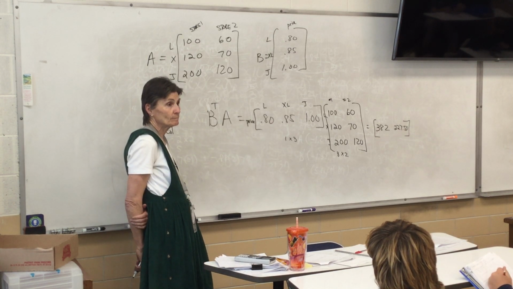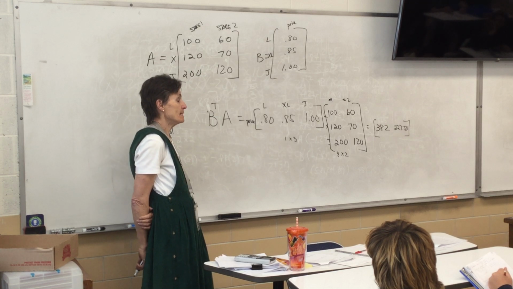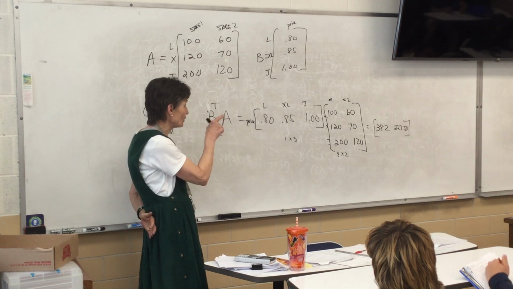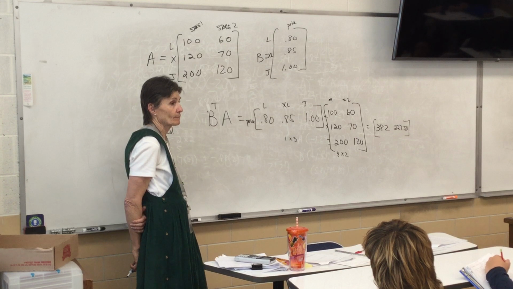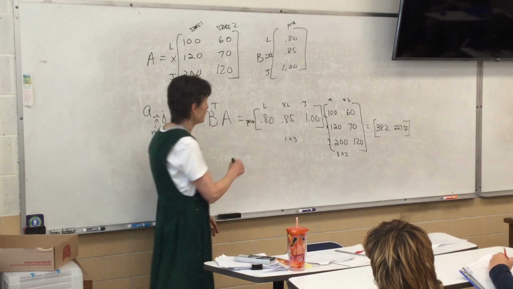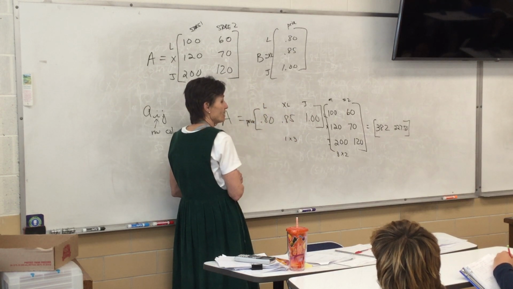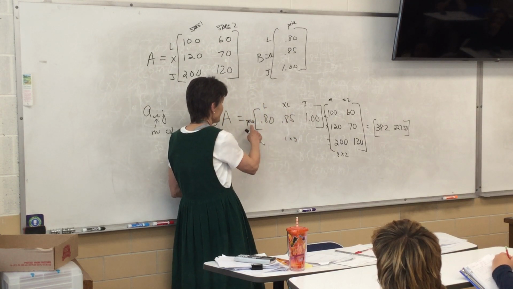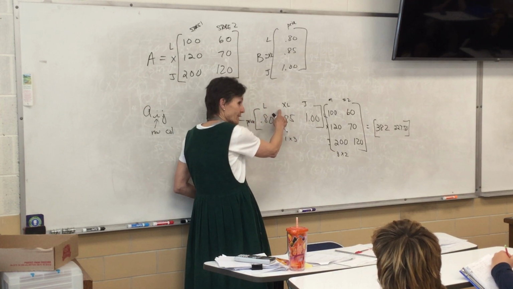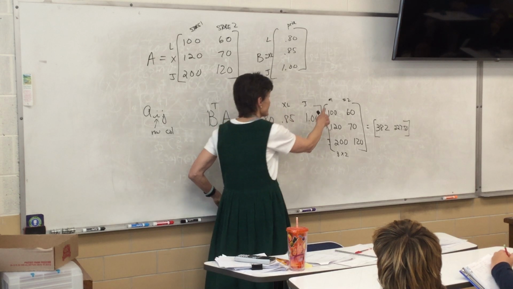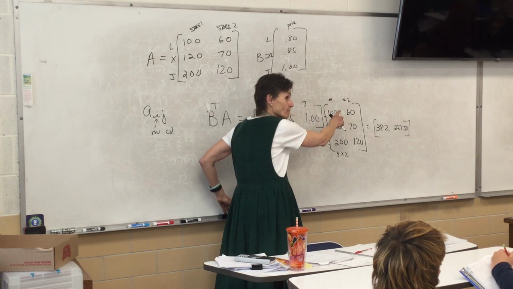Is that what you got? Okay. Now we've got to talk about what in the world that represents. Well, if you understand what the original matrices represent, it's easy. Because you multiply price by type times type by store.